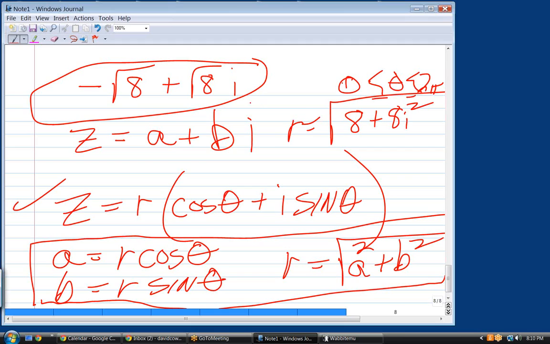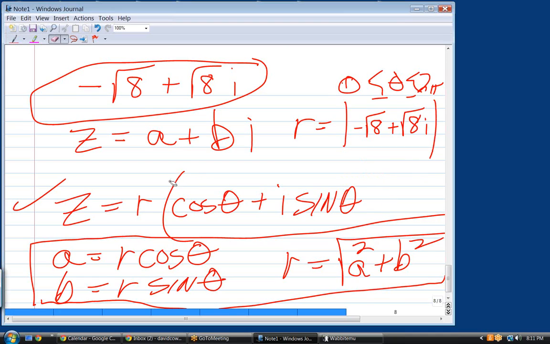Here, let me rewrite this. R is the modulus of our complex number, first of all. And how do we find the modulus?